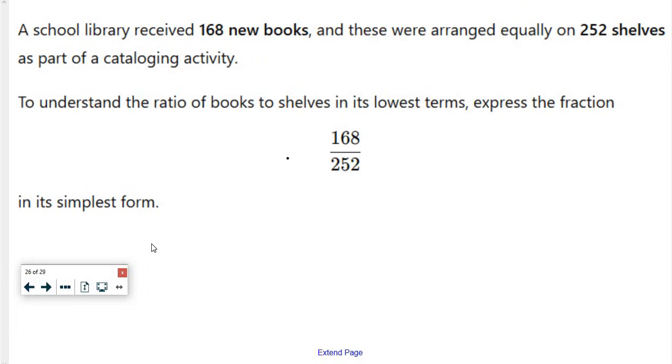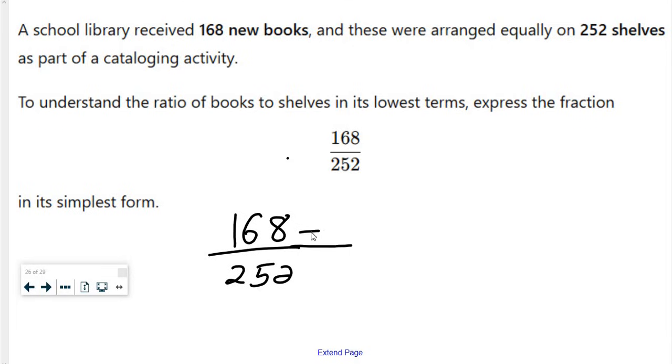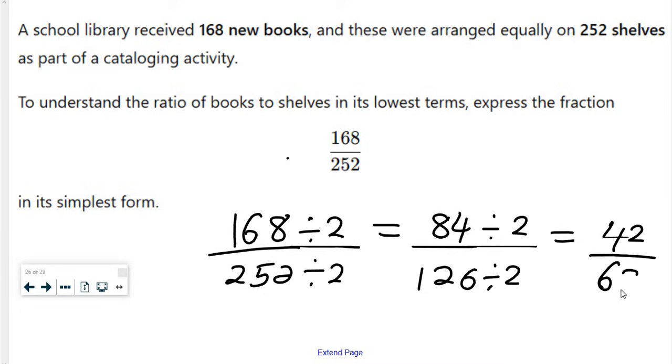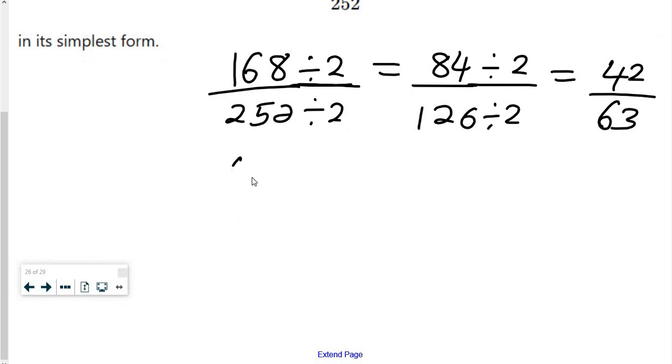So how do we do this? It's quite easy. So we have 168 upon 252. This number is divisible by 2. Just simplify, and then you're going to have 84 upon 126. Still divisible by 2. You will have 42 upon 63. Keep going.